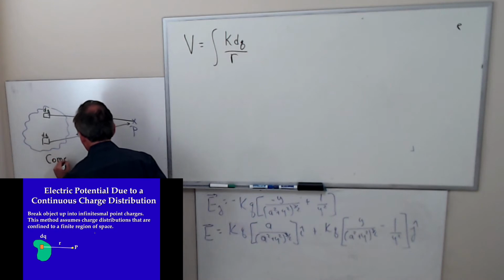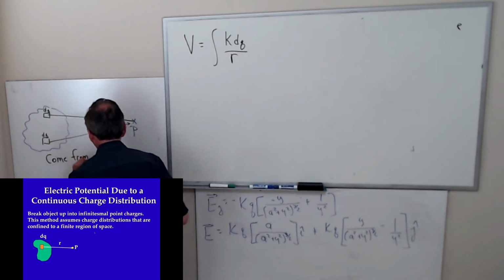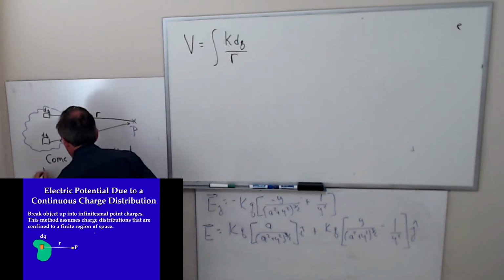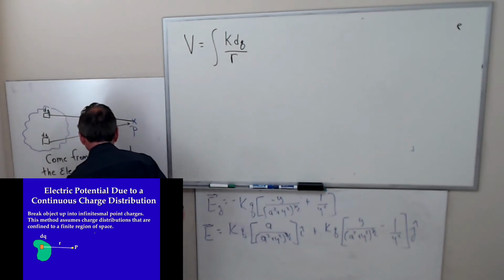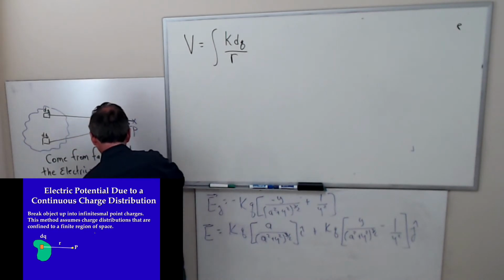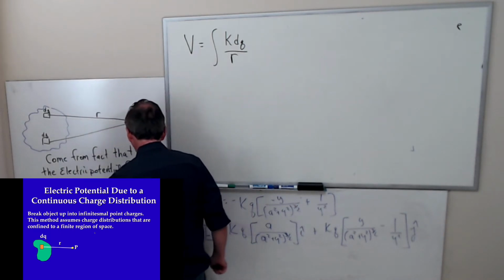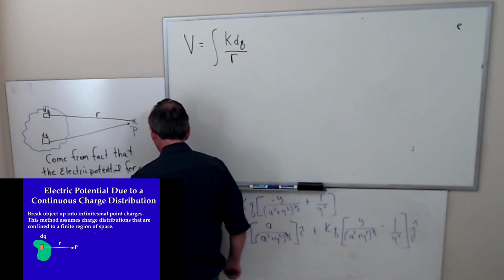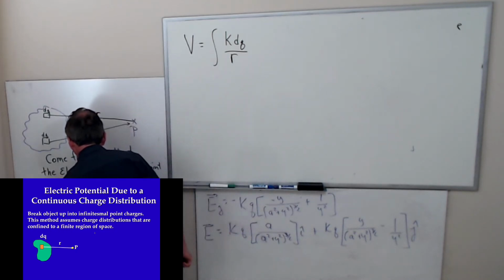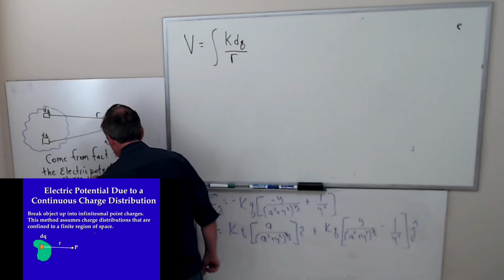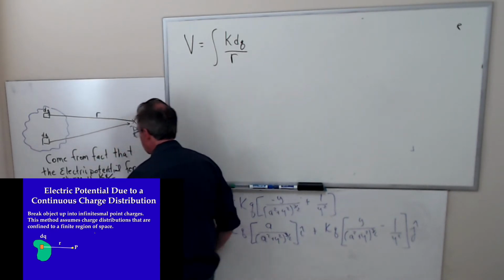It comes from the fact that the electric potential for a point charge is kq over r.